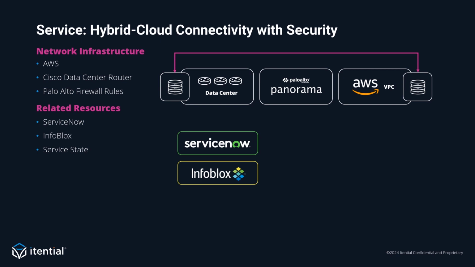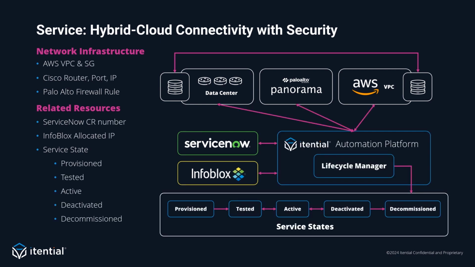So all of those things can now be defined and created as part of the resource model for a service instance. And so now when we look at everything, not only can the Itential automation platform automate all of the steps on the infrastructure side, automate all the tasks of gathering data, creating tickets, updating tickets on the ServiceNow side, and on the Infoblox, Netbox side of things.